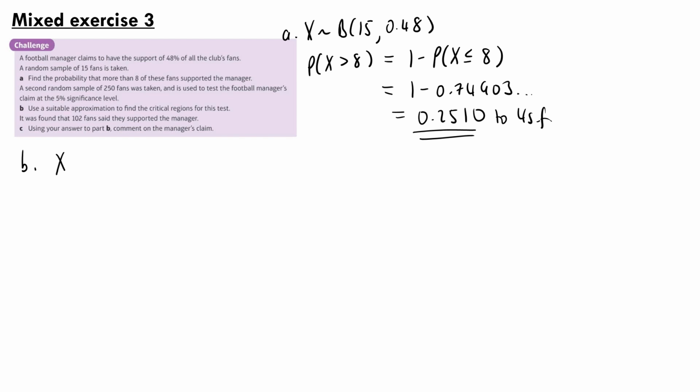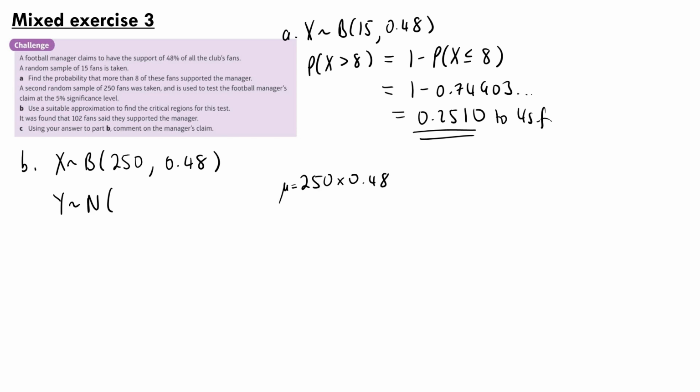The true binomial distribution is going to be 250 trials, and assuming the manager's claim again, the probability of success is 0.48. And then the approximation, because n is large and p is almost equal to 0.5, means we can take a normal distribution with mean np, which is 250 times 0.48.